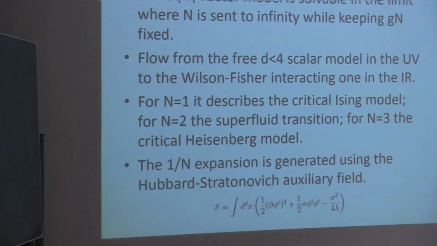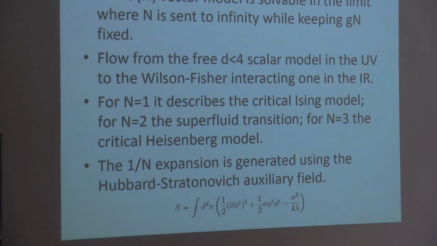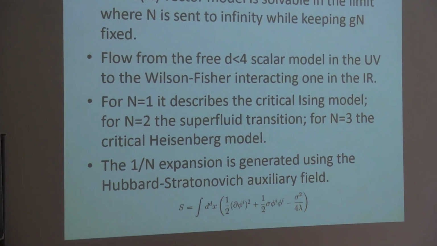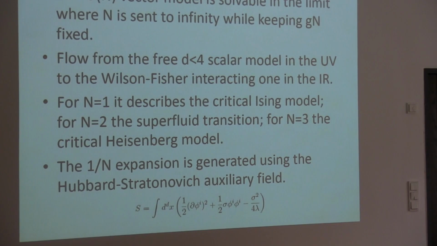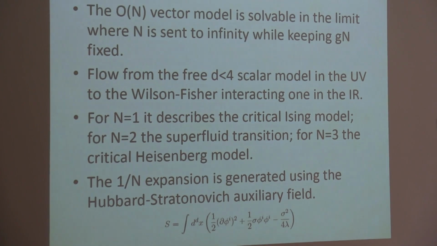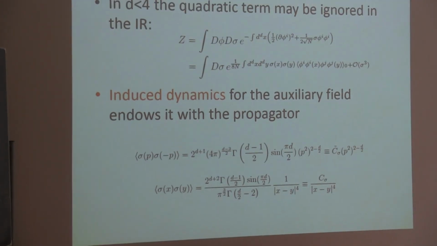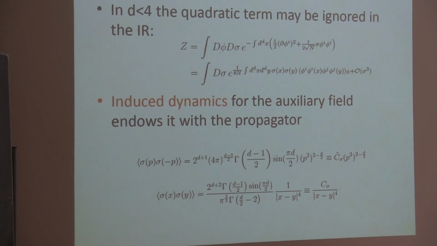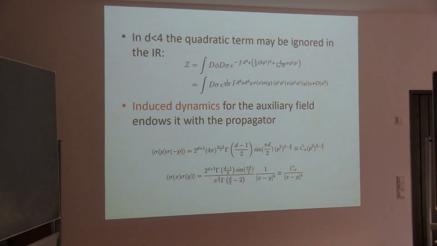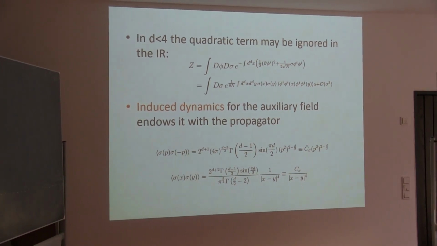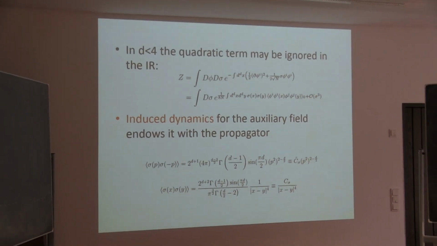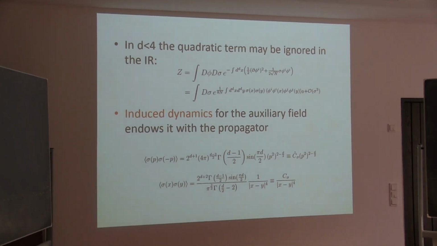Okay, so now let me talk about the 1 over n expansion using this Hubbard-Stratonovich auxiliary field sigma. As I mentioned last time, you can basically write down the equation using this auxiliary variable sigma, then integrate out phi, and then you get, for example, in the one loop approximation, this exact propagator for sigma of p.